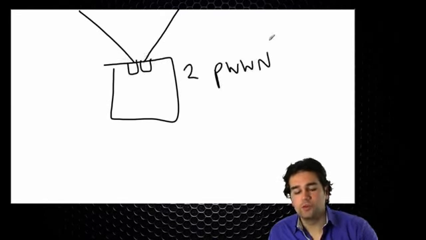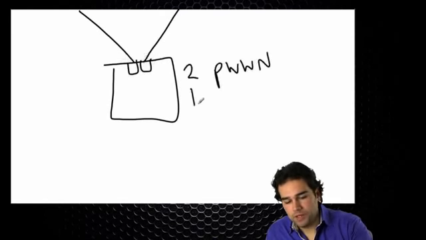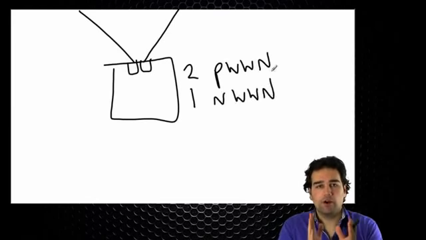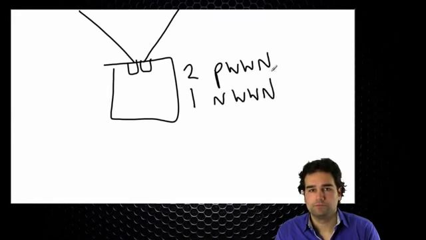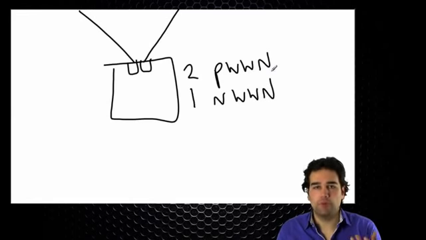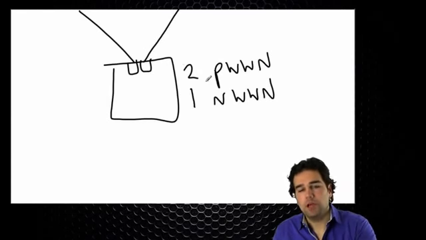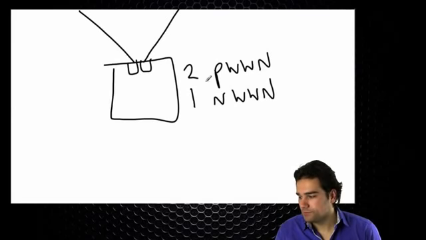So each port will have its own worldwide name and one node worldwide name to identify the host or that card on the network. So everybody has two worldwide names, a port worldwide name and a node worldwide name. And of course, for as many ports as I have, I will get more worldwide names.